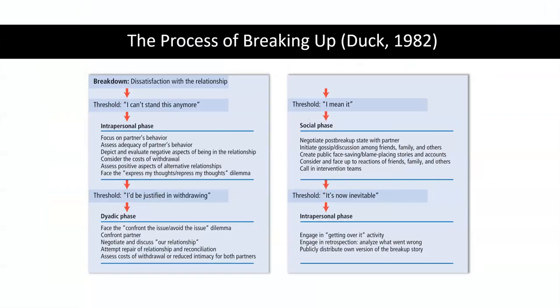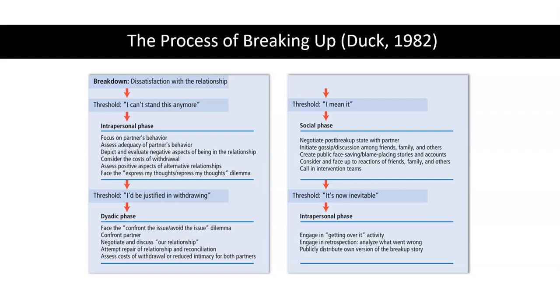Now, speaking of distress in relationships, there are a handful of models describing how breaking up happens, how relationships dissolve. Remember that a lot of this research is about dating couples, but some of it is about longer term relationships.